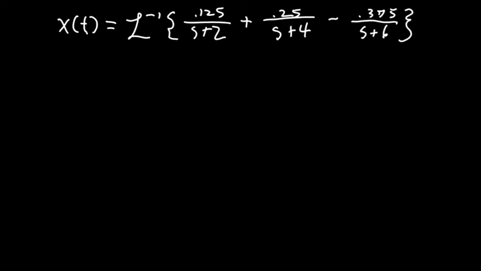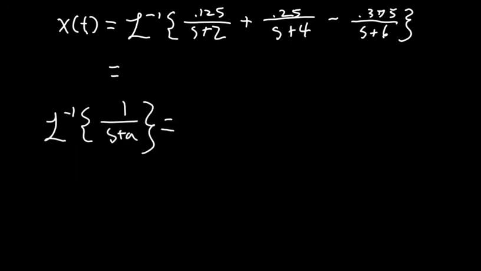Okay, and what's going to happen here is you'll need to remember that the inverse Laplace of 1 over s plus a is equal to e to the negative at.